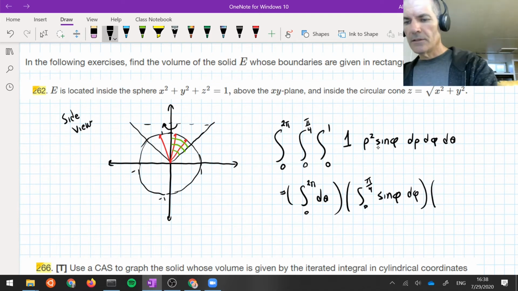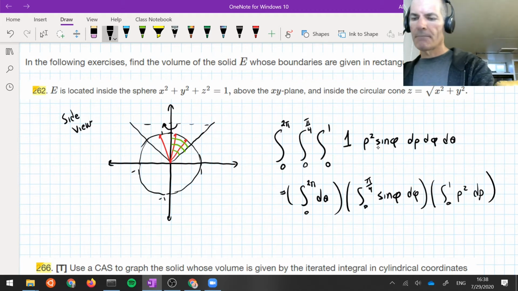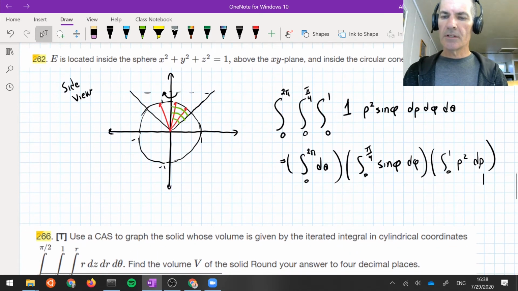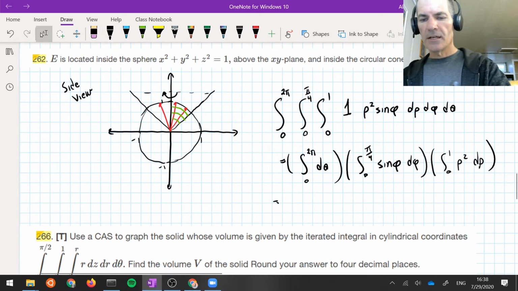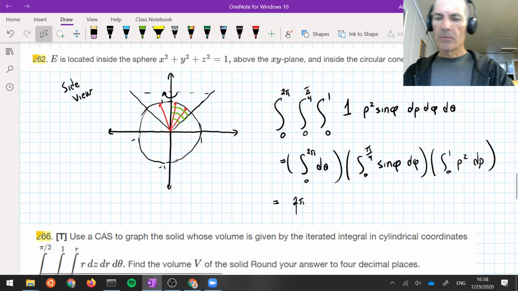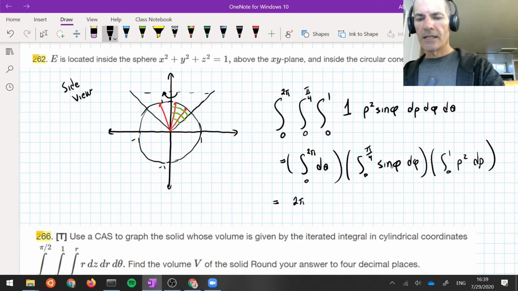And then finally 0 to 1 rho squared d rho. And you can do each of those single integrals individually and multiply the results. Here we get a 2 pi. Here we're going to integrate sine phi, get minus cosine phi. We'll plug in pi over 4 and 0. And what are we going to get? We're going to get 1 minus root 2 over 2.